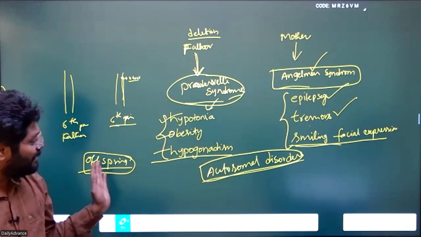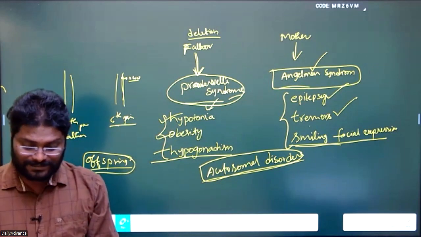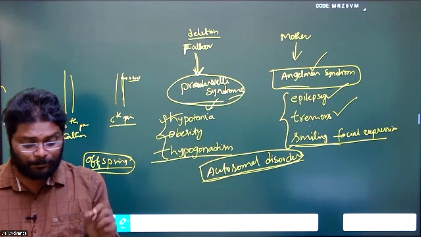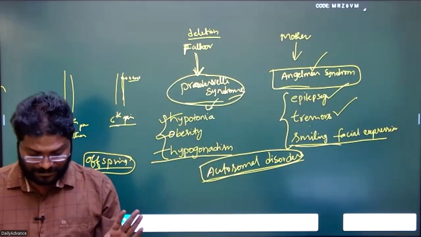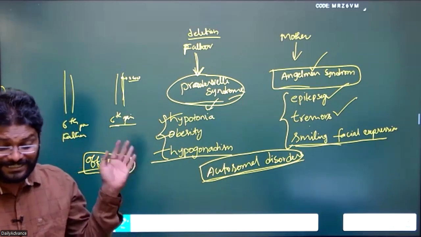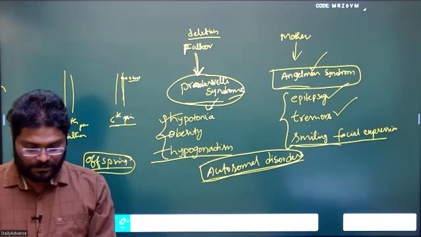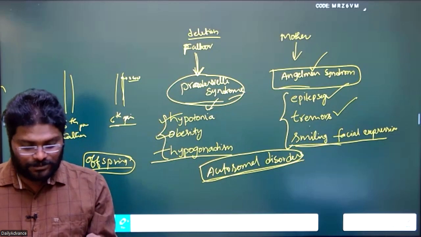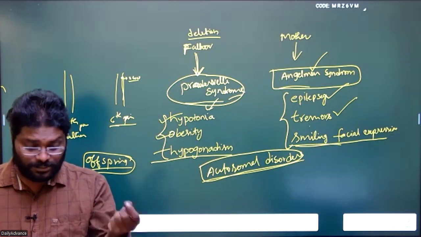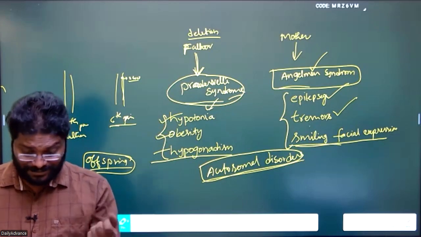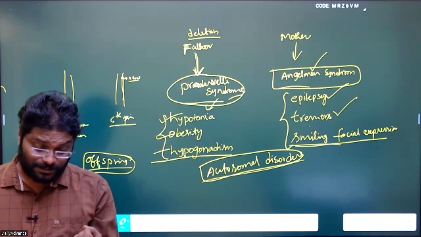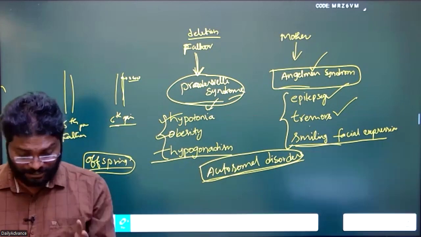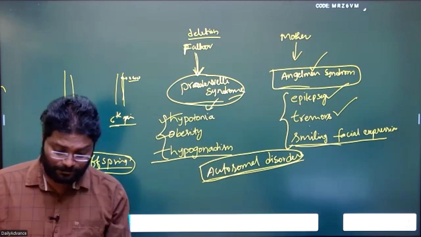For the remaining autosomal dominant and recessive disorders, we cannot pinpoint who is responsible, father or mother. But with genetically imprinted genes, if Huntington chorea shows symptoms in the 20s and 30s, it is inherited from the father. If it shows symptoms at 40 or 45, the source of inheritance is the mother.